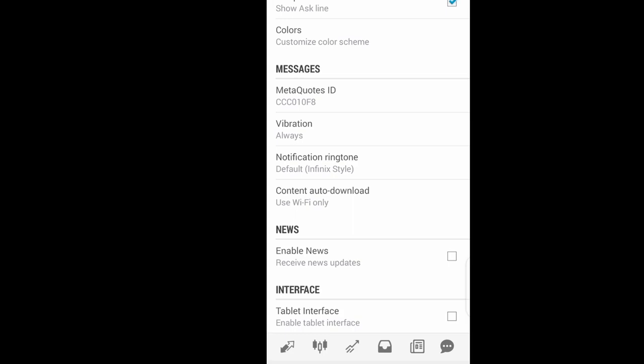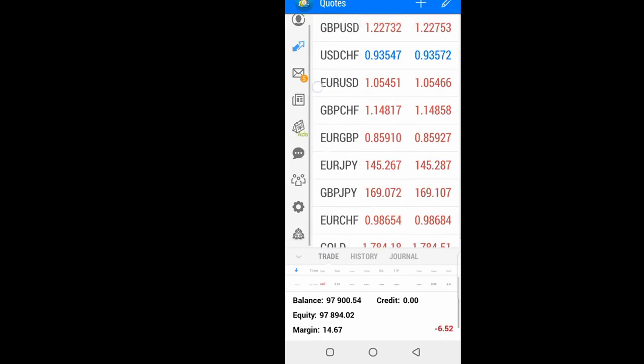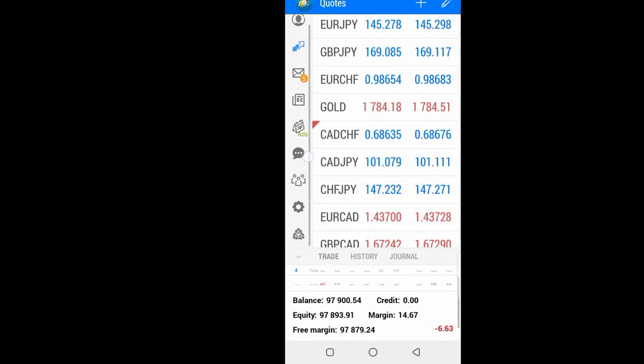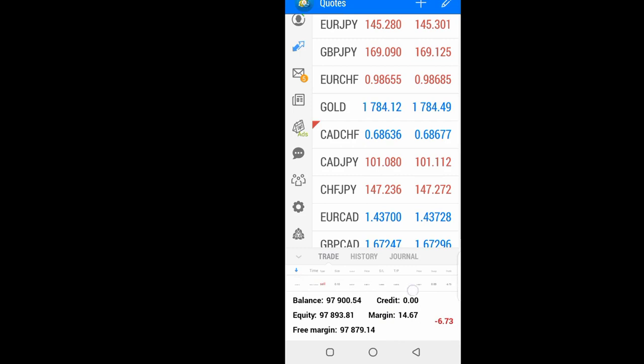If you want to enable the tablet interface, if you want the interface to look like a tablet, you can do that and you have it like this. So you have all in one. Here you have your quotes, and everything you need will just be like this. You have your history, and this is your trade, and you're seeing the trade right now.